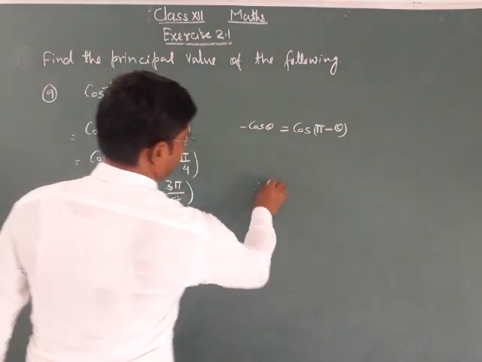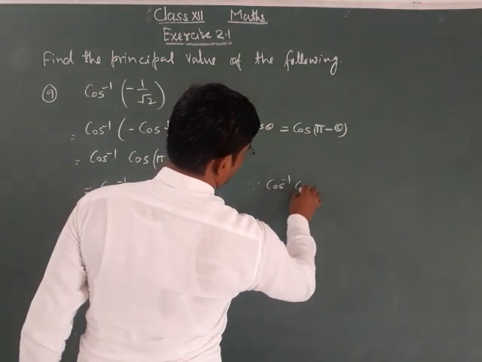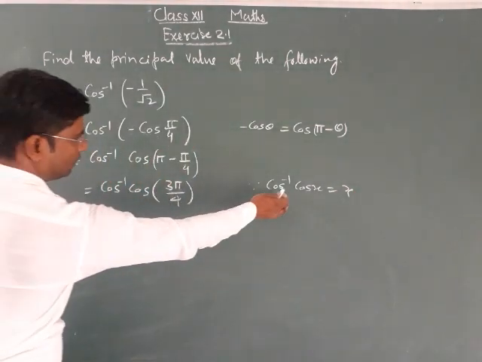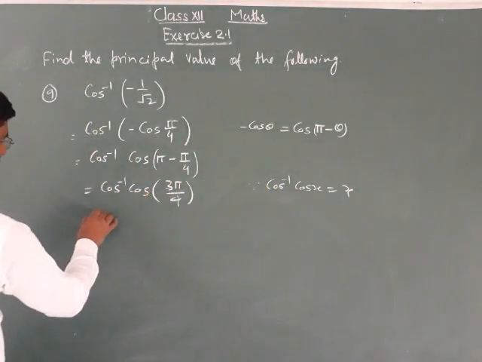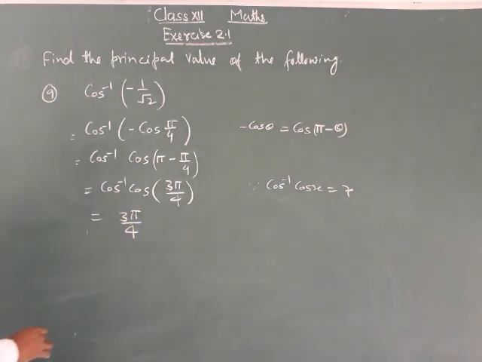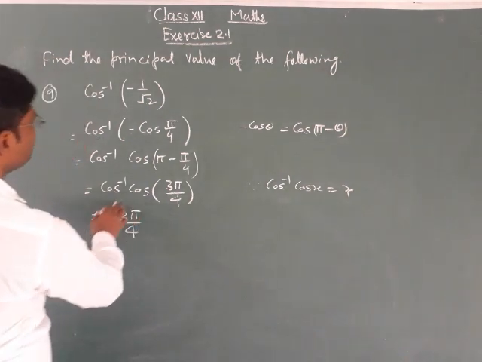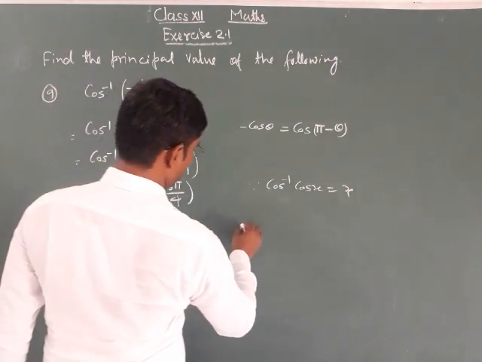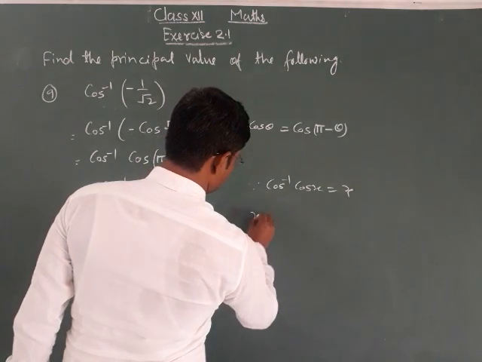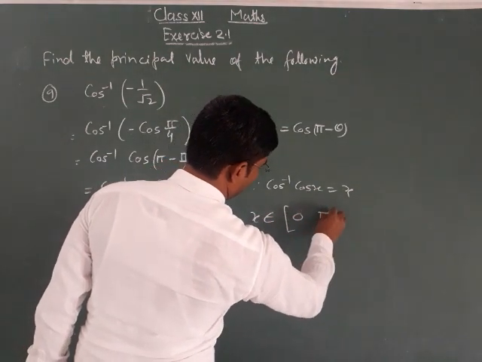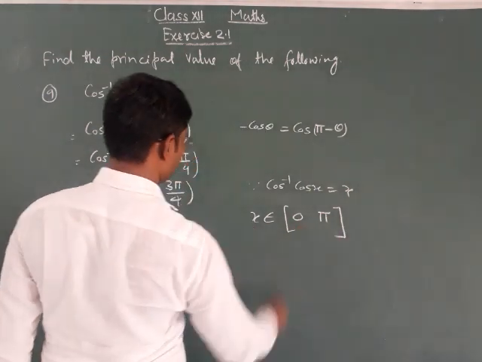Since cos inverse cos x is equal to x, according to this formula we can change to 3 pi by 4. The principal value of cos inverse: cos x belongs to 0 to pi, meaning 0 to 180.